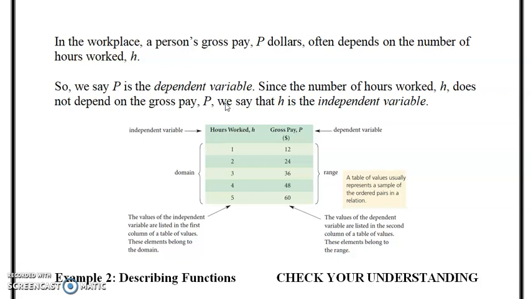And domain, remember, is going to be your X values, and your range is going to be your Y values, or your domain goes along the horizontal axis. Once we start graphing these, you'll get a better understanding of that. And your range goes on the vertical, or the Y values. Okay?